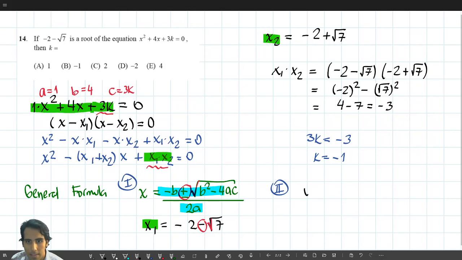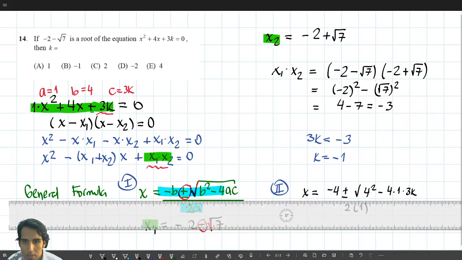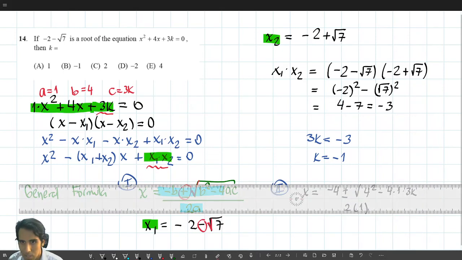We have that x equals minus 4 plus minus square root of 4 squared minus 4 times 1 times 3k, excuse me, I'm going to write it better. Here we go. Divided by 2a, 2 times 1. And we can compare here.